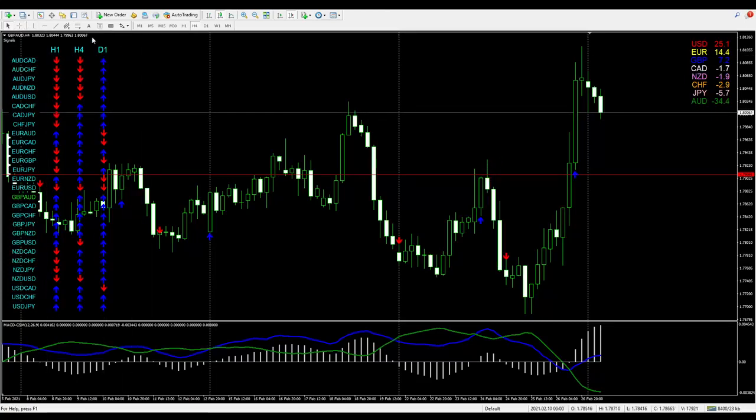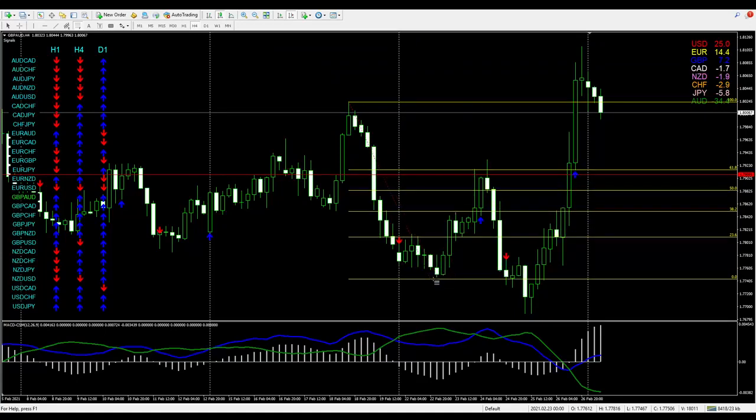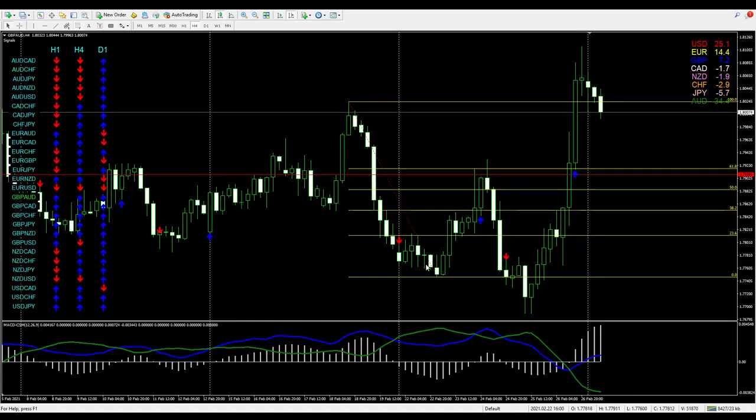So if we would plot the 50 Fibonacci for GBPAUD, it would be like this. But actually this is a little bit more complicated, because if you enter on an H4 signal for GBPAUD, it would be here. No, it would be here. The 50 Fibonacci.